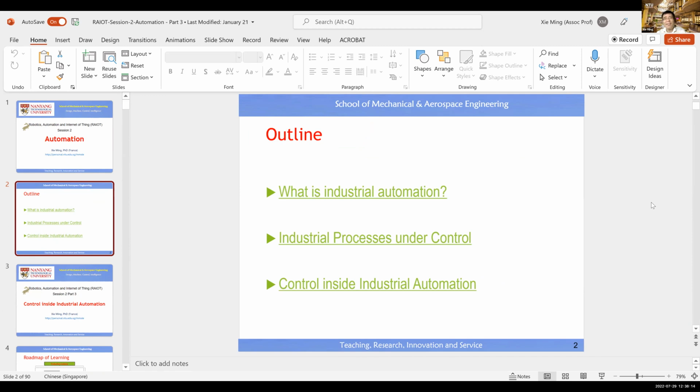Among all these, motion-related parameters are very popular. Therefore, we can apply the four design methods in control theory to design control systems for motion control, temperature control, pressure control, etc.